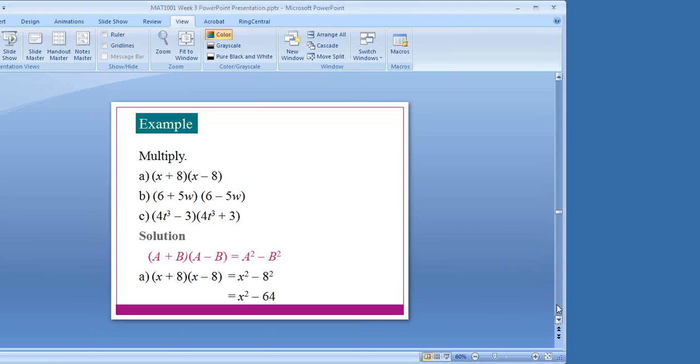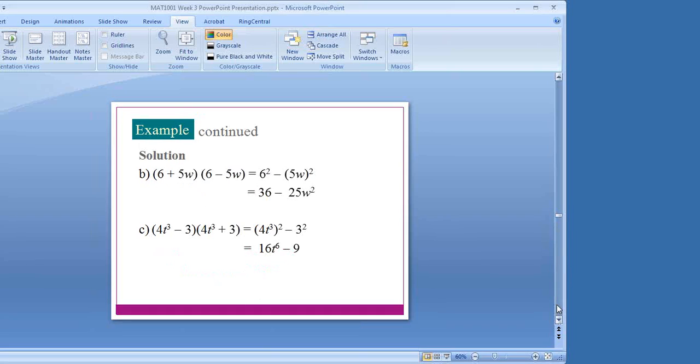If you look at x plus 8 times x minus 8, and you were to do FOIL, you'd get x squared plus 8x minus 8x minus 64, and that plus 8x minus 8x adds to 0, and that's why we have no middle term in our answer that you see here at the bottom. x squared minus 64 is the answer. FOIL did it, so you didn't have to memorize this formula. You could just use the FOIL that you've been practicing with, and the outside and inside take care of itself.